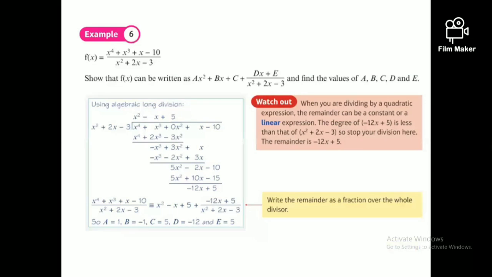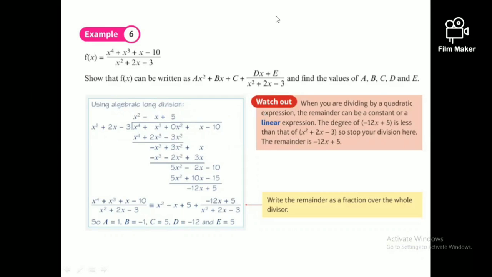Now let's see how to do this long division. What you need to do is write x to the power 4 plus x cube, there are no x squared terms, plus x minus 10, divided by x squared plus 2x minus 3. Now see first term to first term, how many x squared terms are there for x to the power 4?